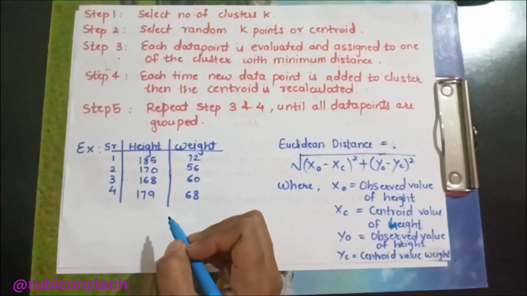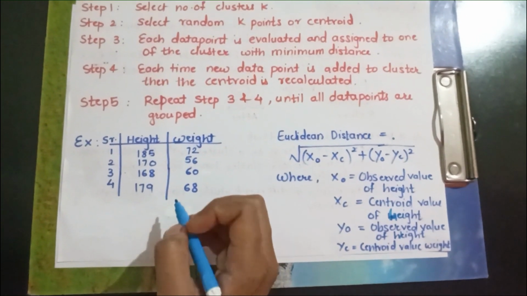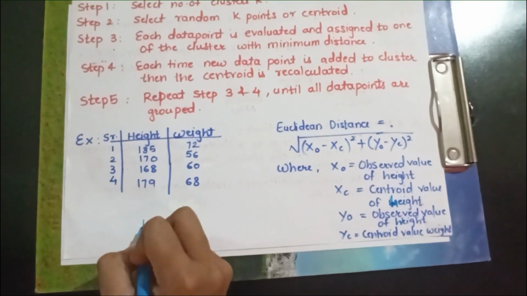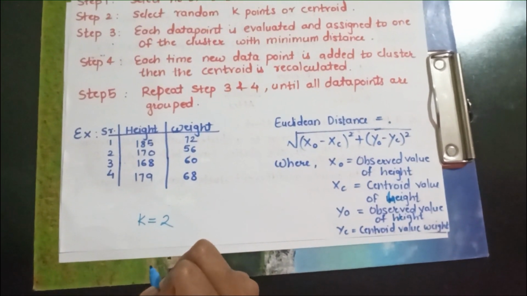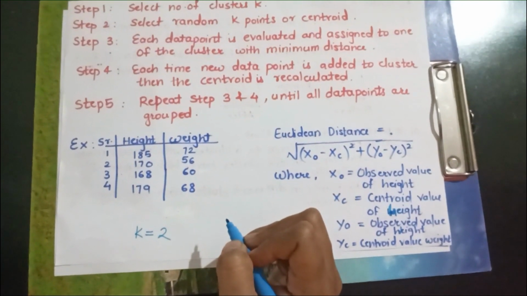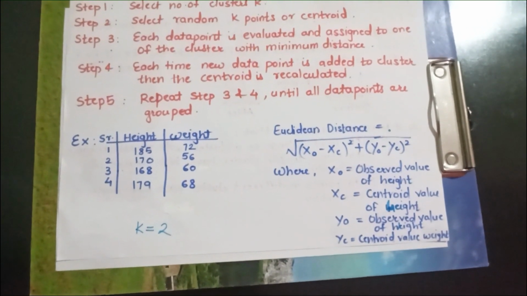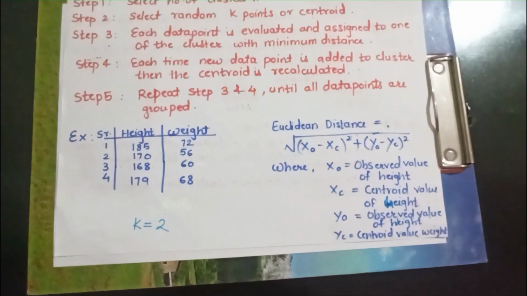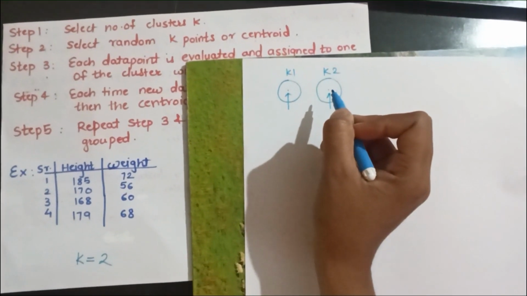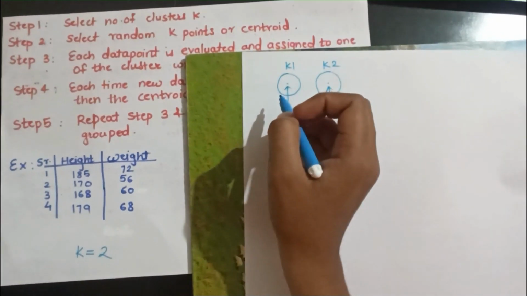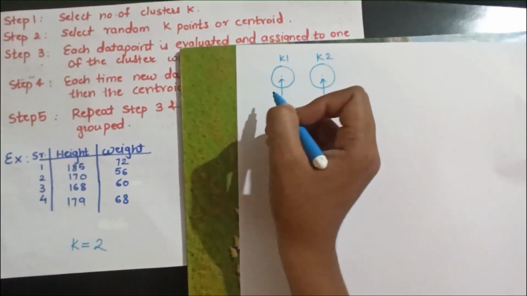Step 1 is defining the number of clusters k. Here we will take the number of clusters k equal to 2. Now we go to the next step, selecting the random k points for the centroids.